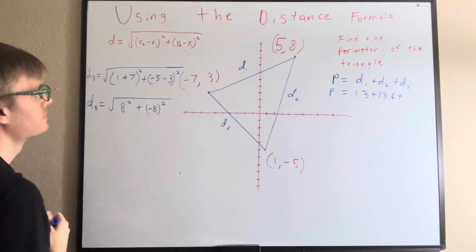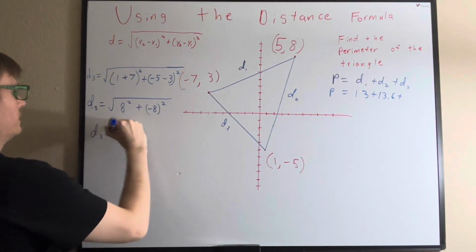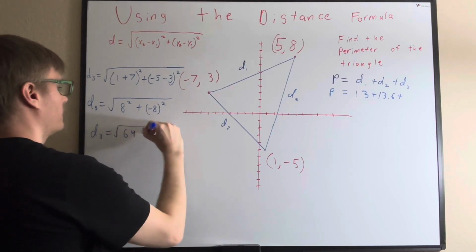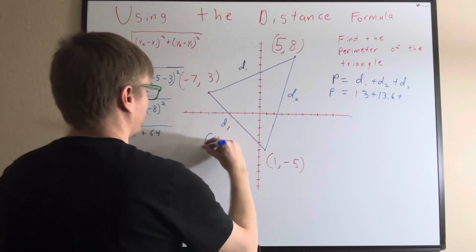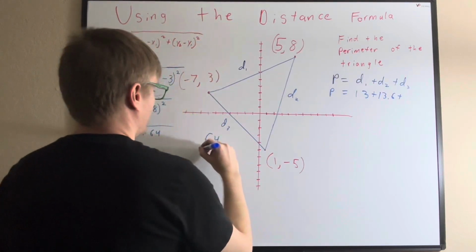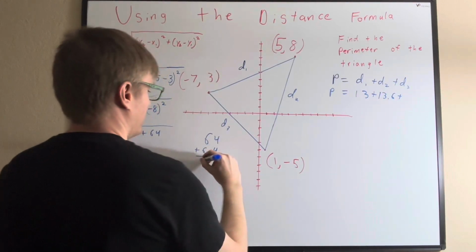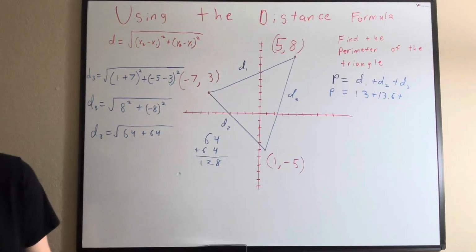Okay. 8 squared is the same as negative 8 squared, which is 64. And 64 plus 64 is 128. Yeah.